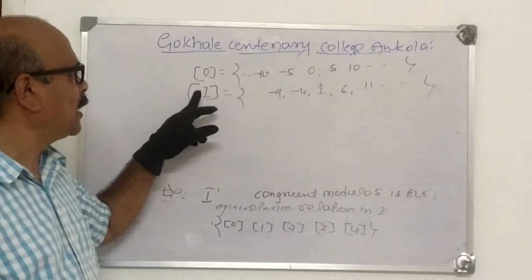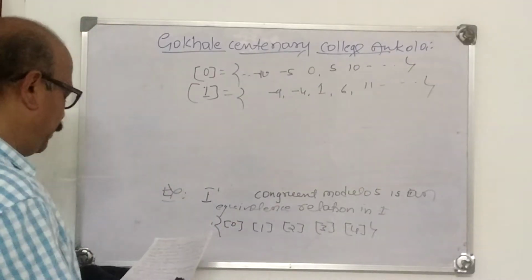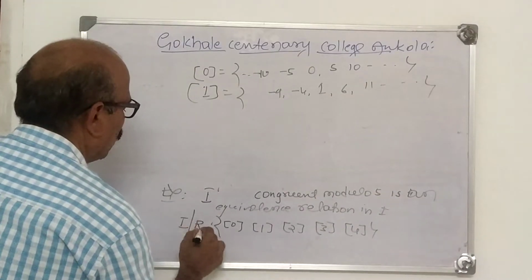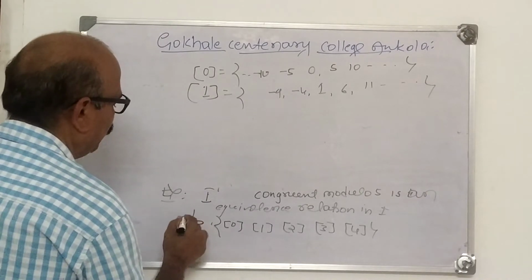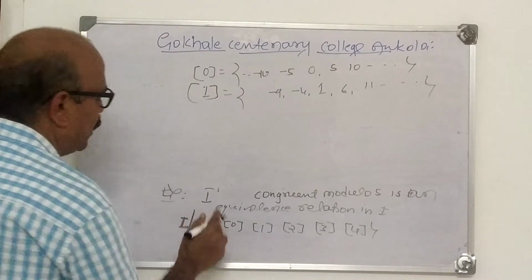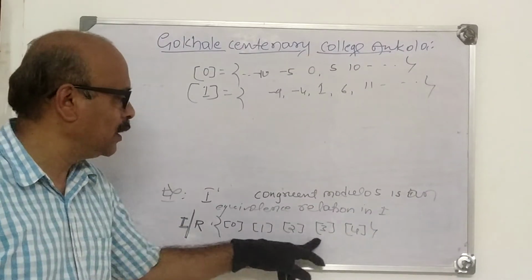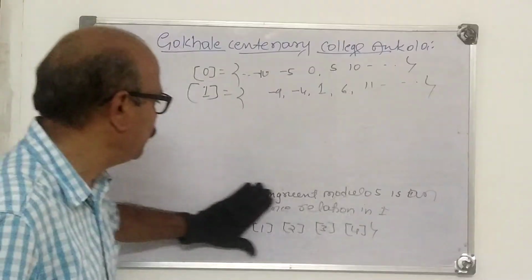It is the equivalence class determined by 1. Now, this set is called the quotient set of I determined by R. What is that? That set is 0, 1, 2, 3, 4. This is the definition of quotient set.